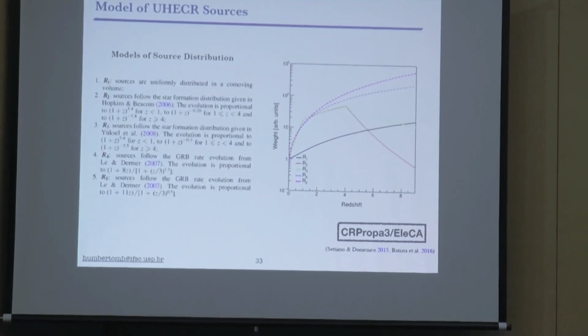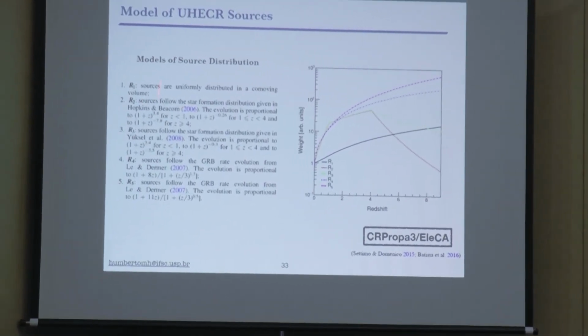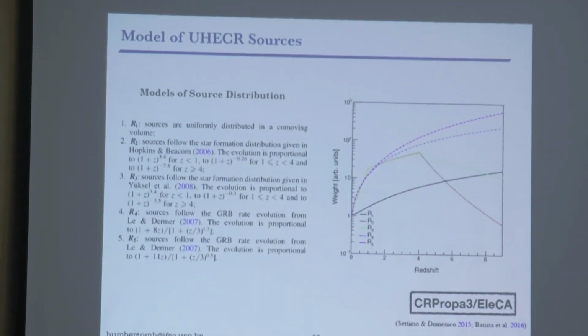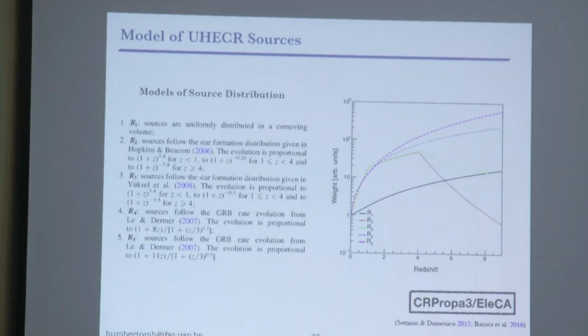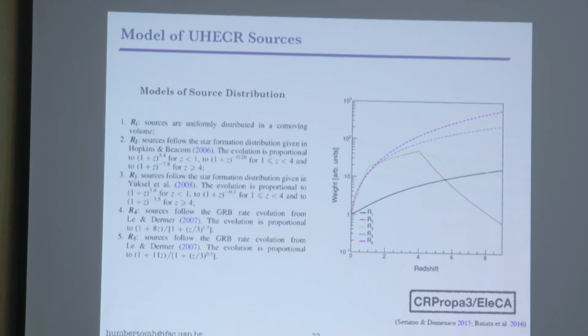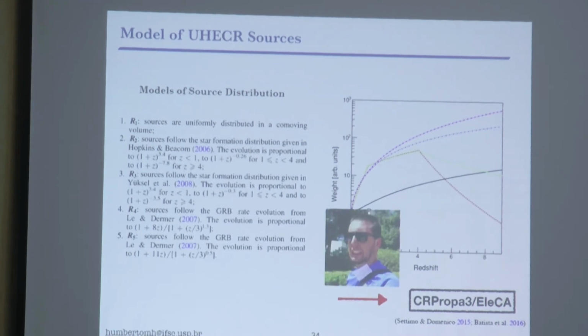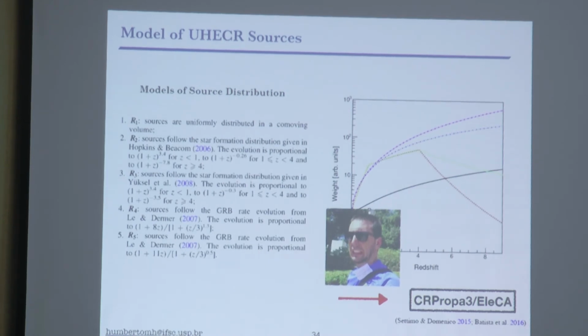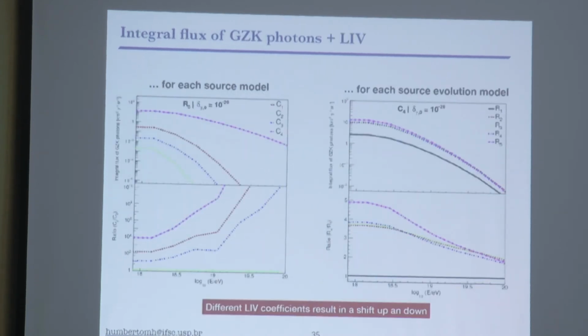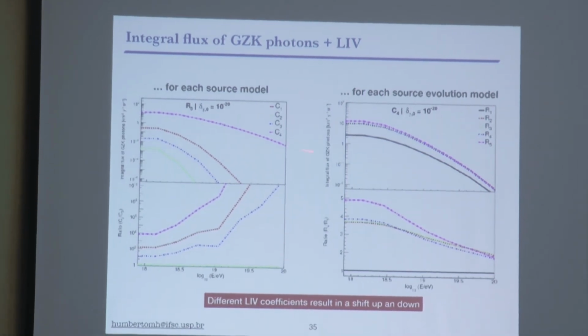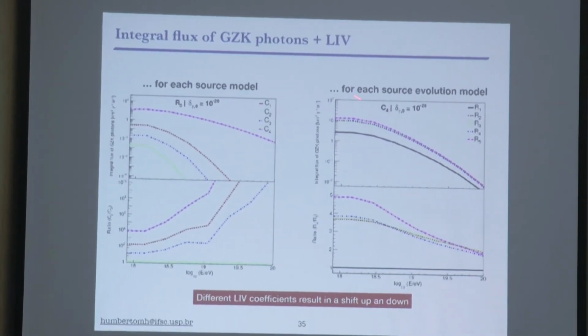We need to combine all the sources and all the source distributions and a lot of LIV values. For that, we asked Rodrigo, who is a brilliant and enthusiastic student, to do all the possible combinations of these fluxes. He did the task, and we have found the integral flux of GZK photons, including LIV, for each source model and for each source evolution model.